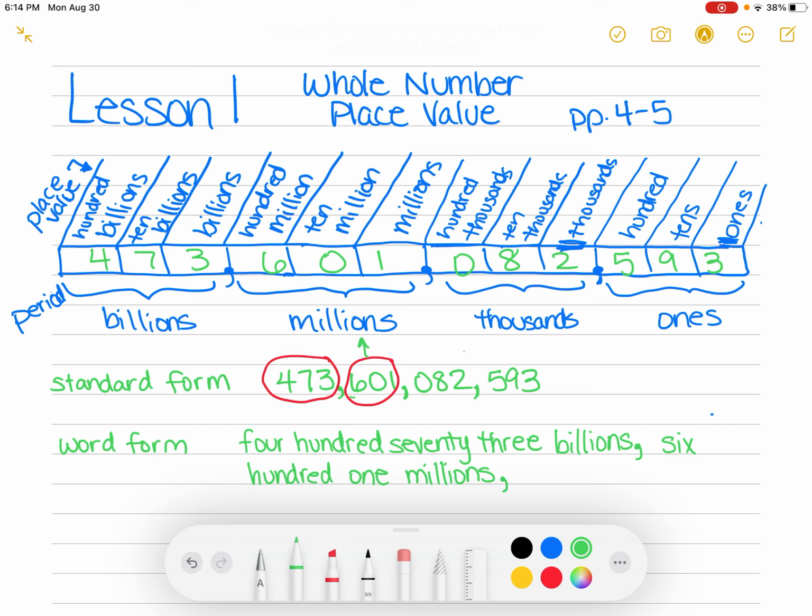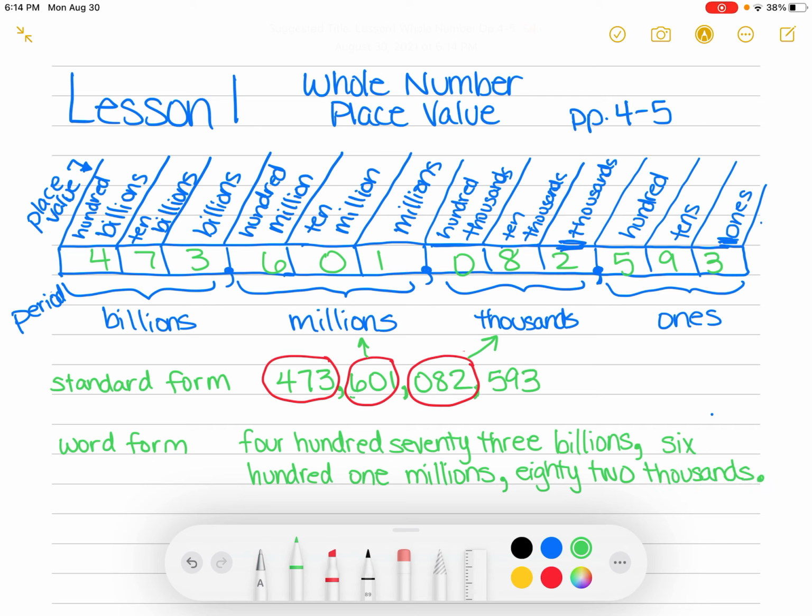Now the next number right here is 082. So we're going to leave out that 0 because it's at the beginning. And we're just going to say 82. So we're going to write 82. And that section is the thousands. So we're going to put 82 thousand. And then a comma.